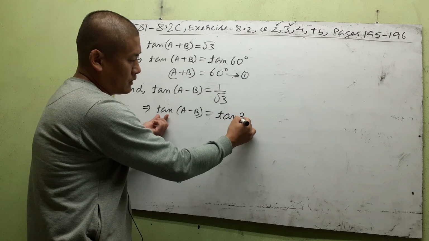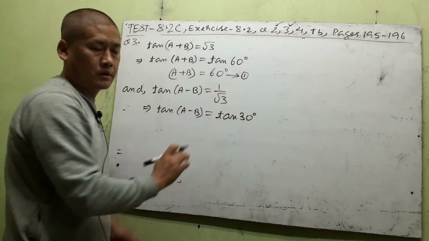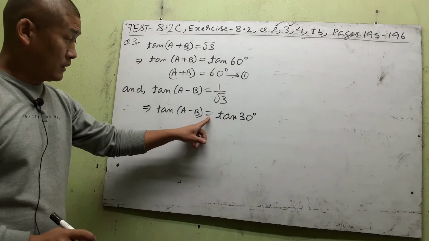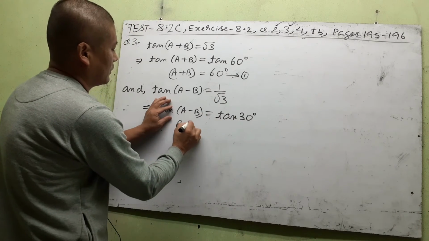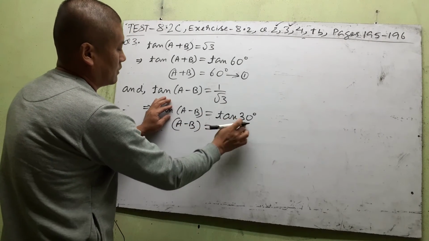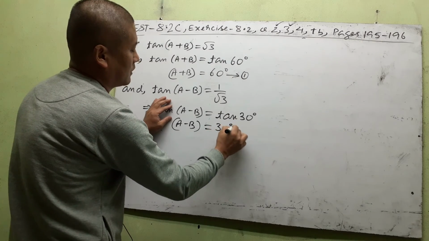We know that tan 30 degrees is exactly equal to 1 by root 3. With tan on both sides, you can cover up the tan and you're left with a - b equal to 30 degrees.